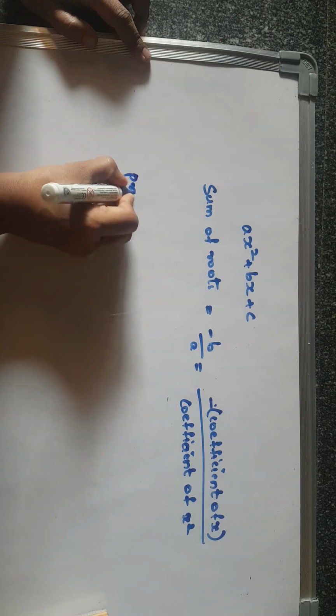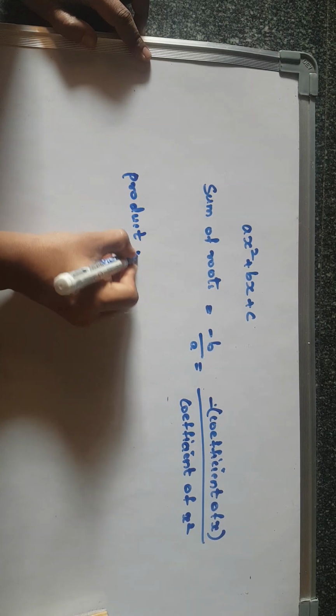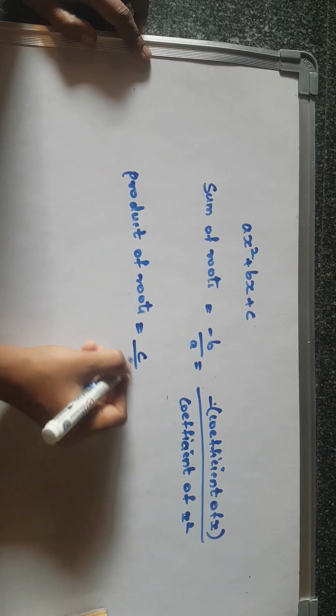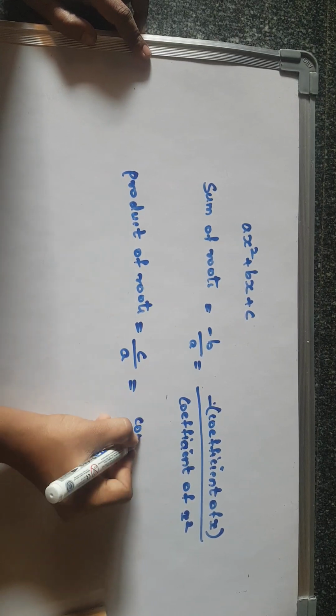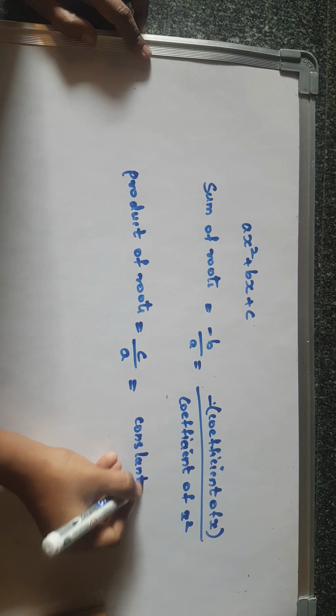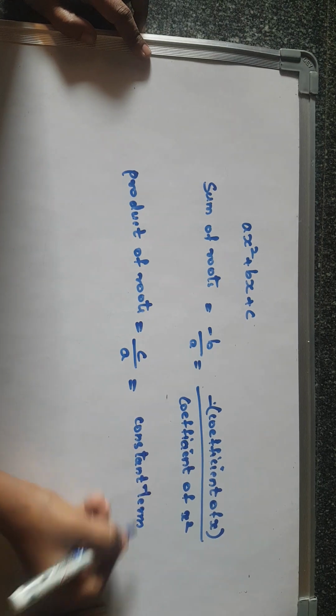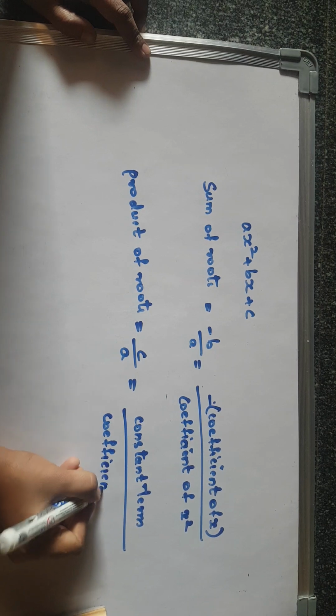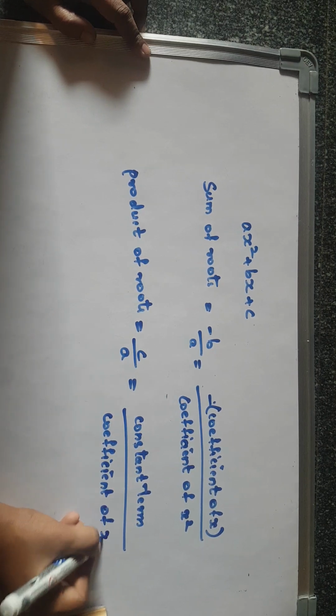Here the product of roots becomes c by a, where c is the constant term, so the constant term by the coefficient of x square.